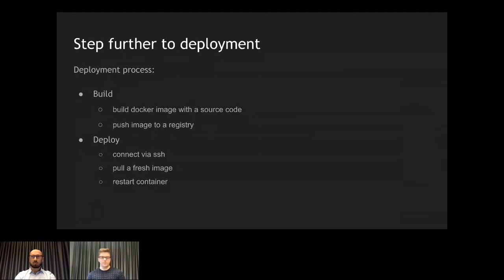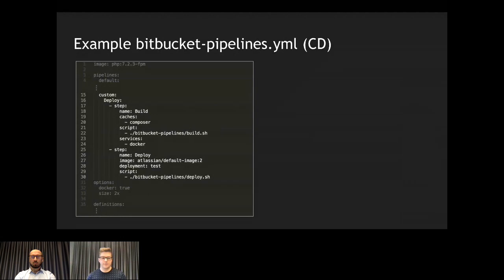So to do that, we are defining our custom pipeline, which is called deploy, and it has two steps. The first one is named build. It also uses the Composer cache, so all the Composer files will be cached, and we don't need to waste our build minutes preparing the same directories for Composer each time we run our tests or build.